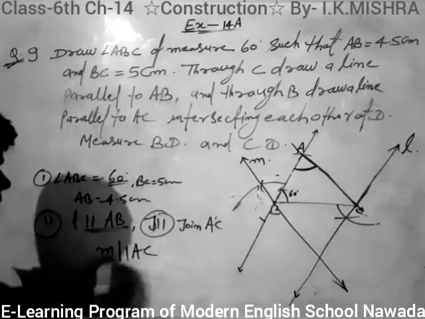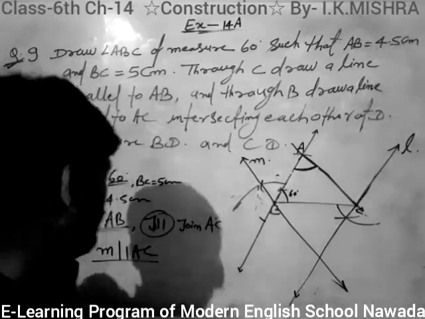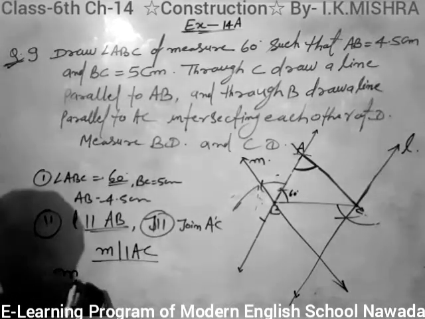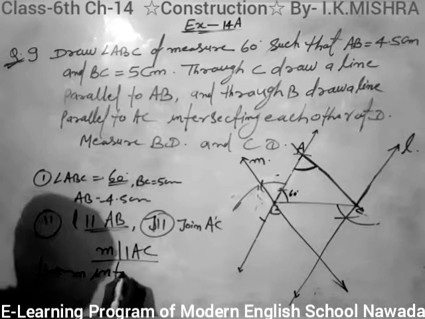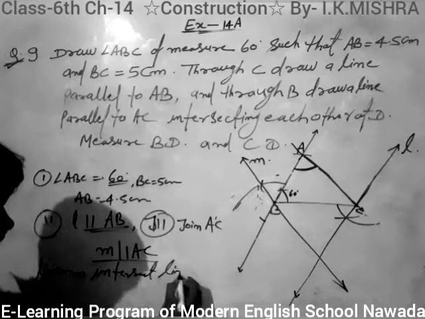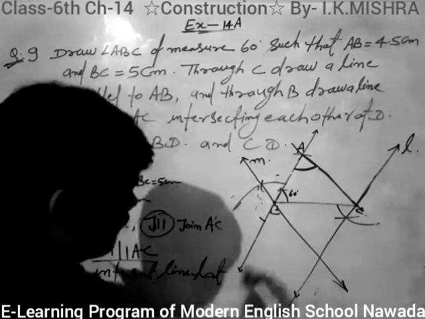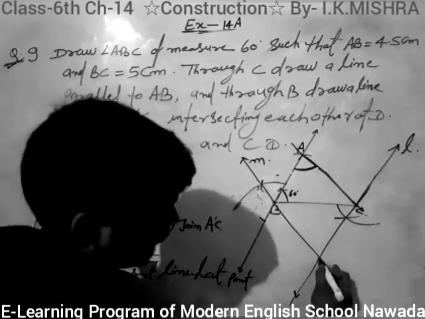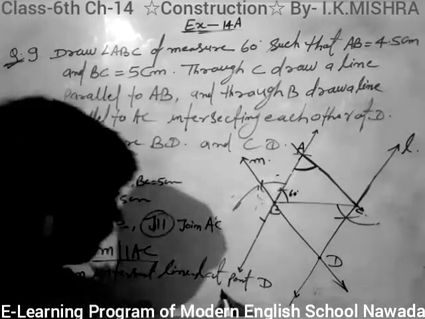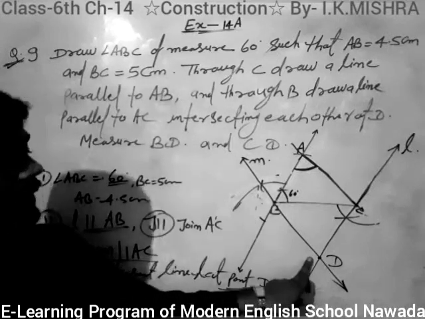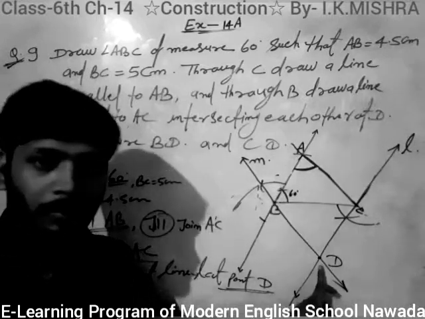M is parallel to AC, and M intersects the line L at a point. The intersecting point is D. So students, D is the point where they intersect each other.